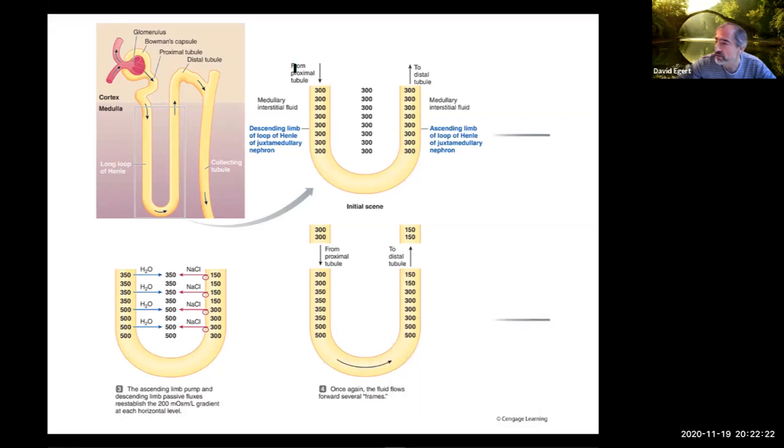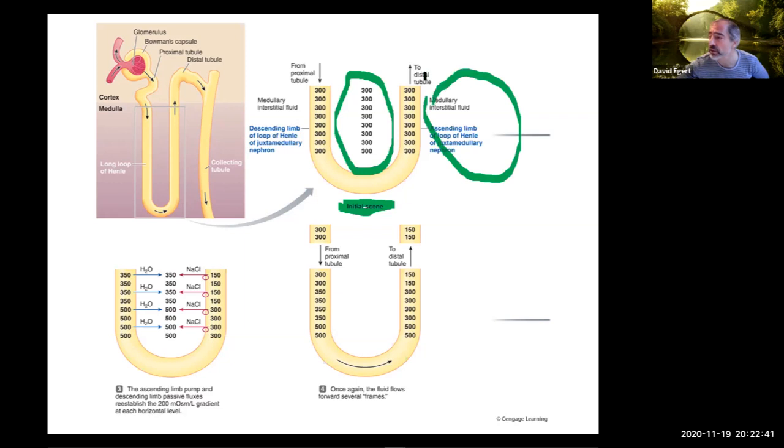All right. So again, this initial scene is artificial. This isn't real. But let's just assume we have something that's completely homogeneous, in which case it's 300 milliosmolar in all the extratubular fluid, and it's 300 milliosmolar in the filtrate moving through the tube.